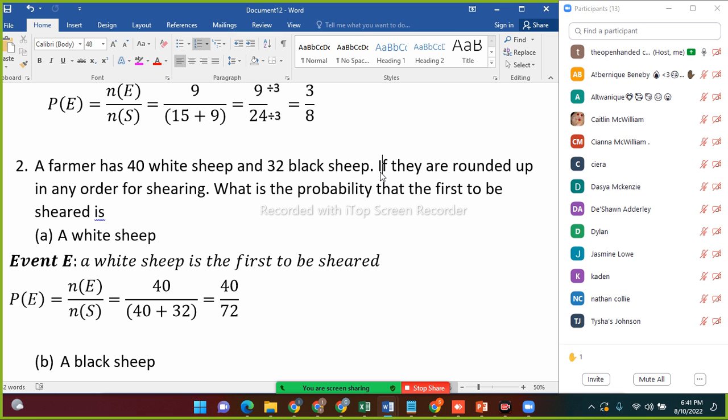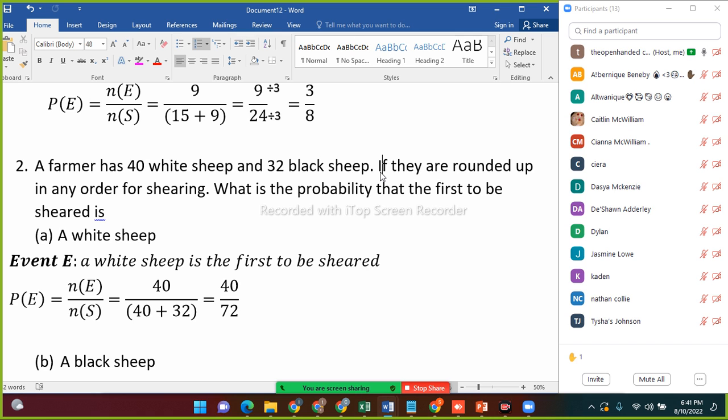Okay, so can we simplify 40 over 72? Caitlin, help me simplify 40 over 72. What could we use to divide? 8. You want to use 8?